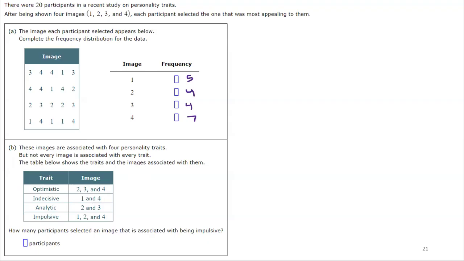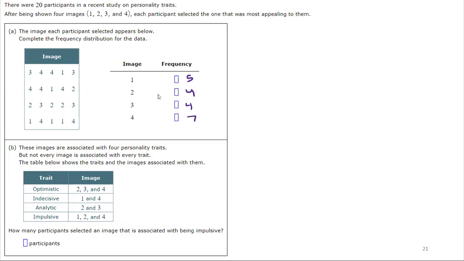Okay, so the question is asking how many participants selected an image that is associated with being impulsive. The images relating to impulsive are 1, 2, and 4.